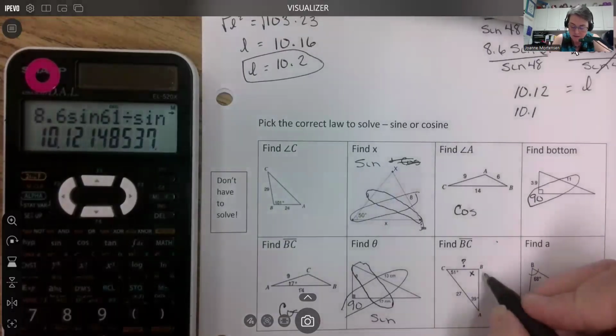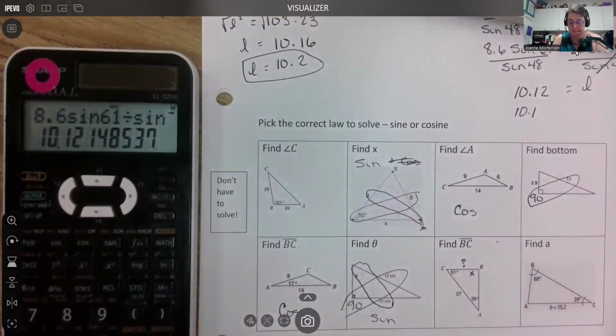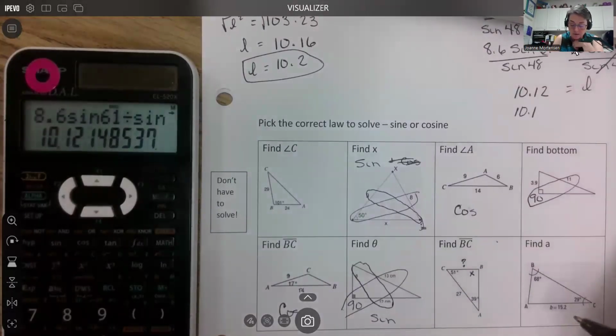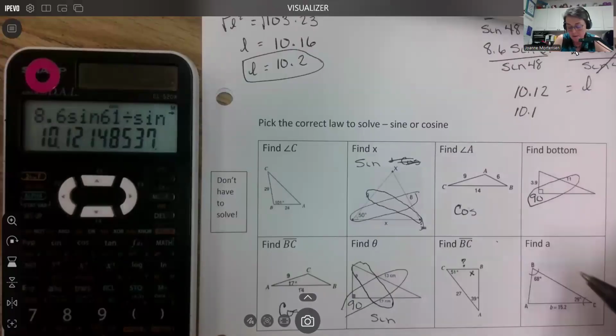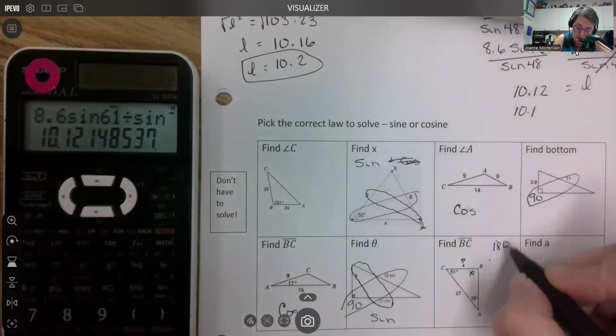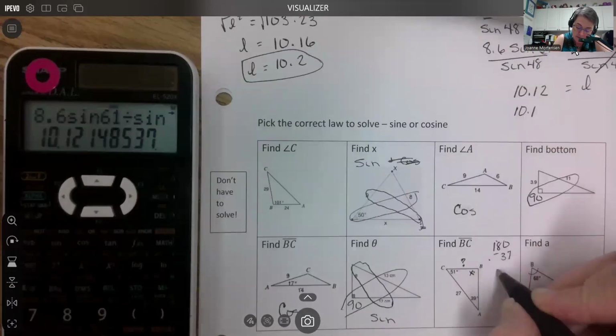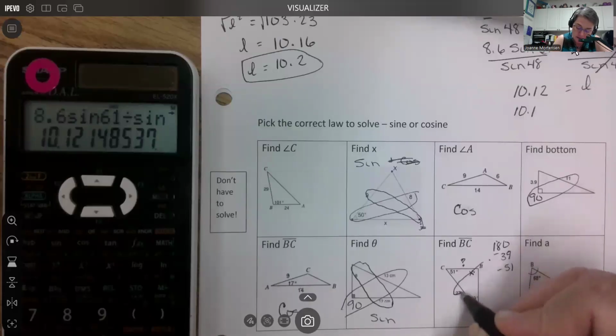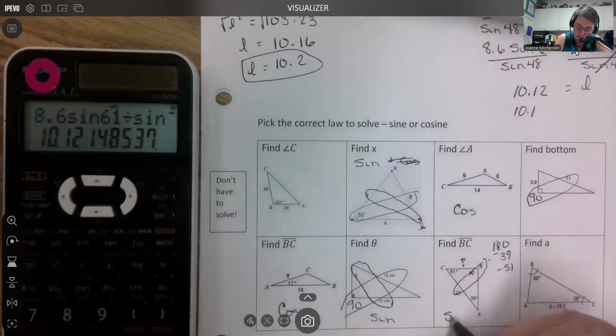So we know that one. We don't know it's 90. Wow, I'm having one of those days. What would I do? I would figure out this number first, and then I'd have a matching pair. Yep, that's what I would do. So 180 minus 39 minus, whoopsies, 51 would give me this. And then I can do my matching pair. So that would be a sine law.